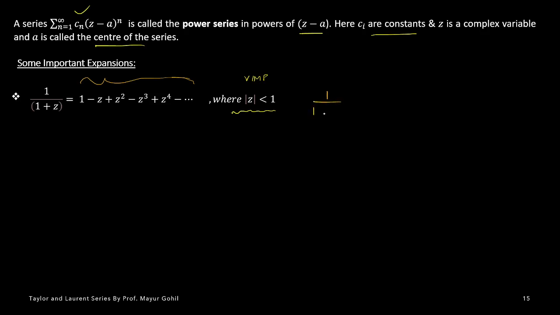It is 1 upon 1 plus z. This expanded form, in mathematics, you can't go on expanding all the time. So there is something called a compact form or a summation form. Let me show you how we can write it. It is just a different style of writing it. So this can be written as the summation of minus 1 to the power k, z to the power k, and here k is running from 0 to infinity.